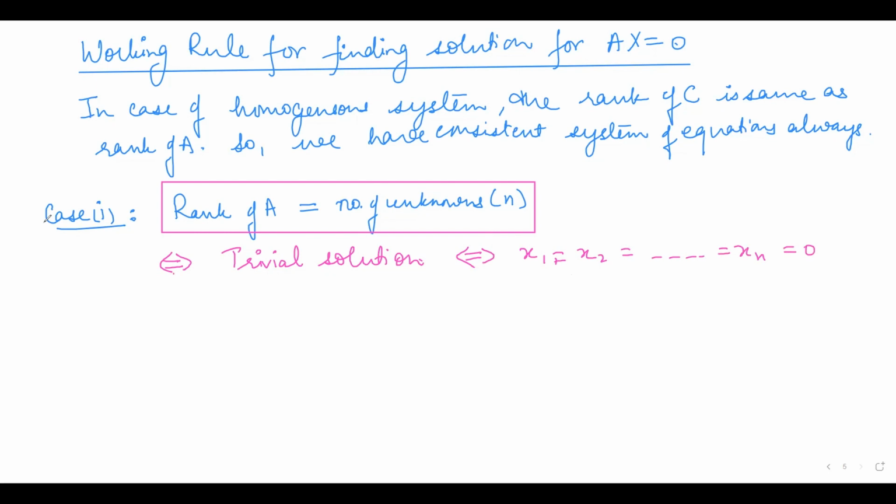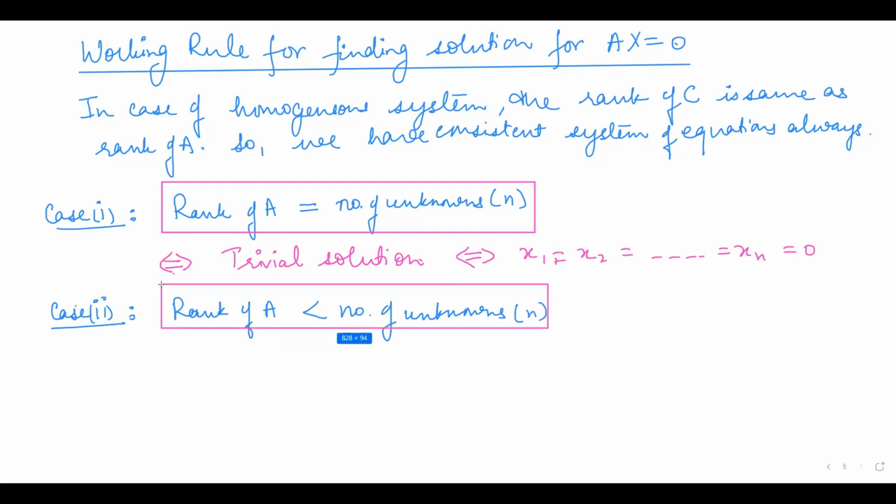Now let us consider the second case, where the rank of A is less than the number of unknowns. In this case, we'll have an infinite number of solutions.